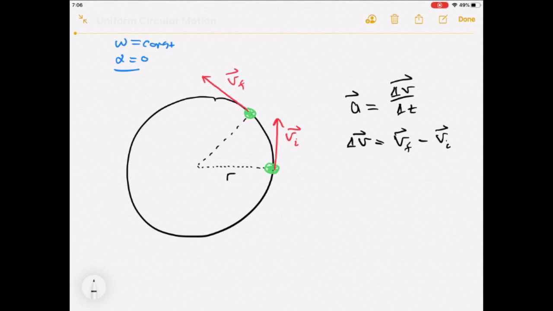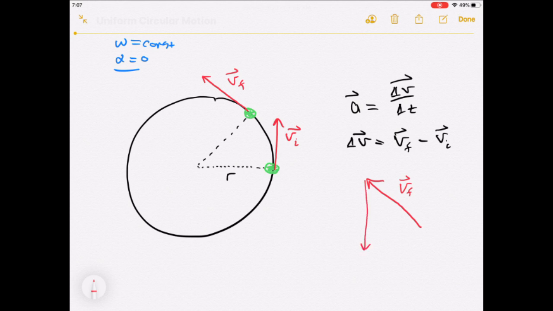Well, okay, we can do that. V final is, let's draw that. V final points off at an angle like this. There's v final. And I'm adding negative v initial, so negative v initial points straight down, because v initial points straight up.